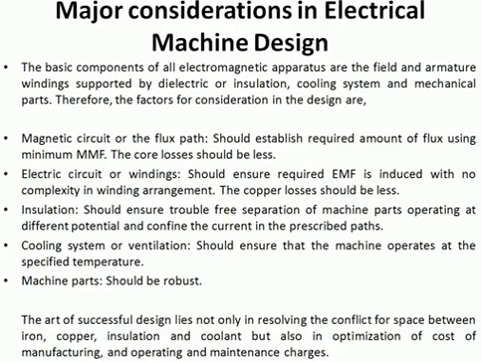Next, looking into the cooling system. Cooling system means the ventilation system. The main consideration while coming up with the ventilation system is that it must ensure that the machine is not getting overheated. And the last point is the machine parts. Definitely they should be robust.